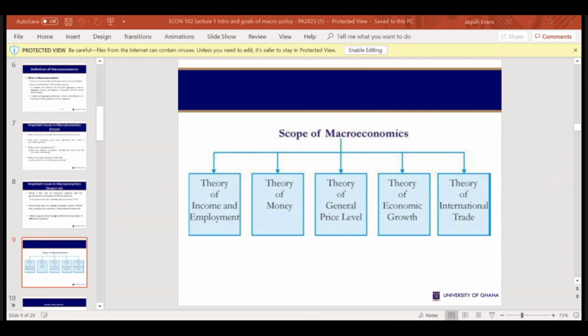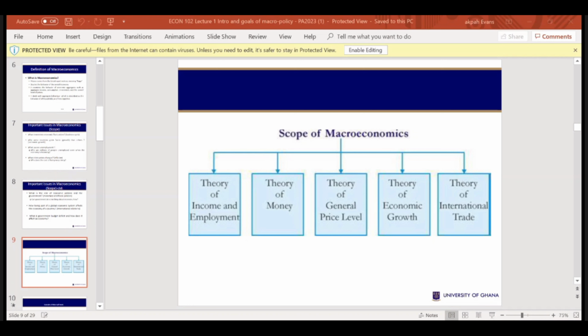Use MTN. I'm sure he's using Vodafone. Vodafone network is fine, but Vodafone is my network, so that's fine. Let's continue. Your friends are saying it may be your internet, so check your internet and see.